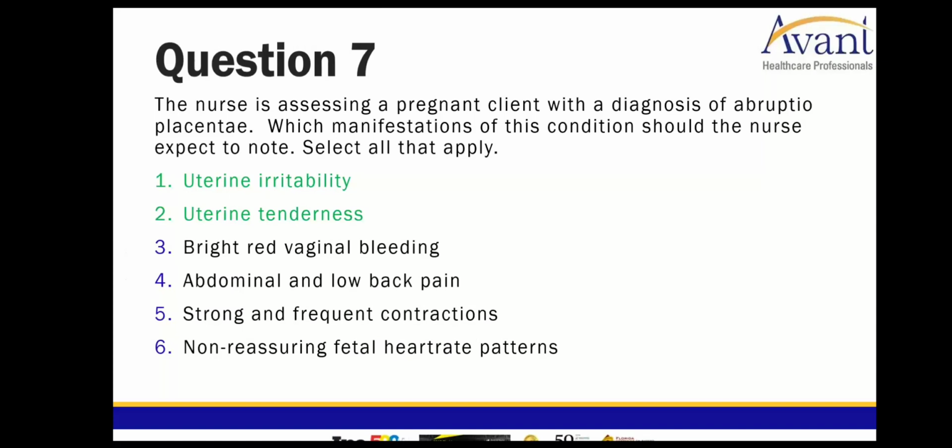Let's think about that one. Remember, it's the placenta high up in the uterus. So would that be bright red or dark red? In this case, it's not bright red vaginal bleeding. This is something you would see with placenta previa, perhaps, but not placenta abruptio. That would be more manifested by dark red blood with clots.